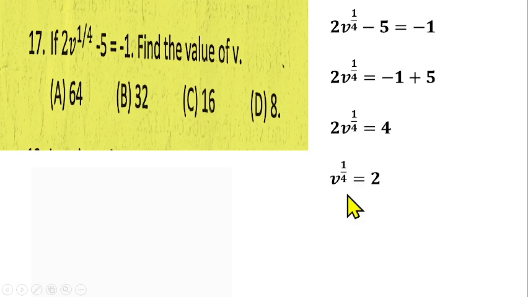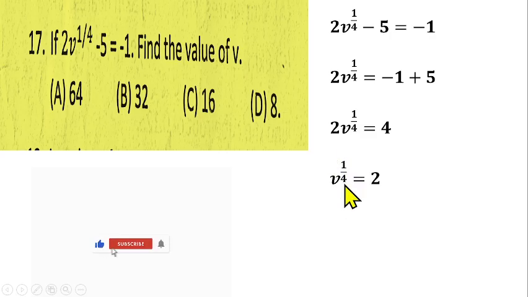So how do we get rid of this 4th root? This 1 over 4 means 4th root.